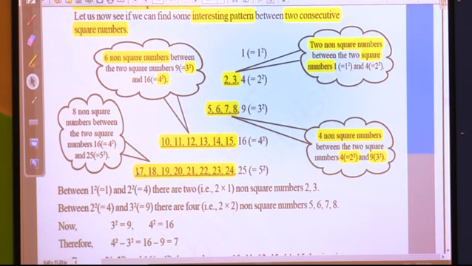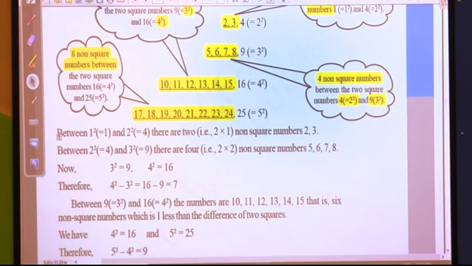Shall we count it? 1, 2, 3, 4, 5, 6, 7, 8. So there are 8 non-square numbers between two square numbers 16 and 25, that is 4 square and 5 square. Okay.